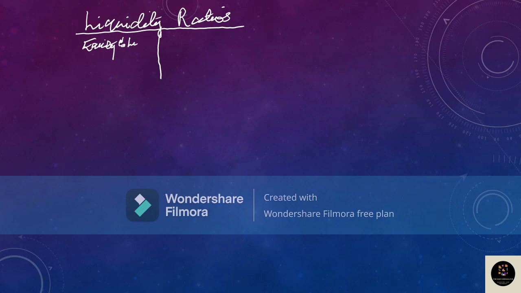Equity and liabilities are on the left side, and on the right side we have assets. Here we have short-term liabilities.